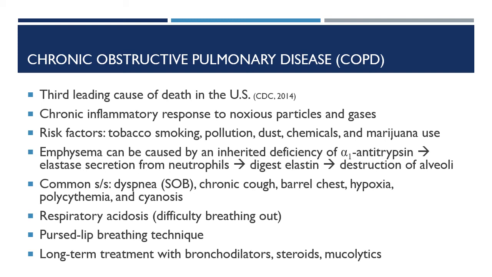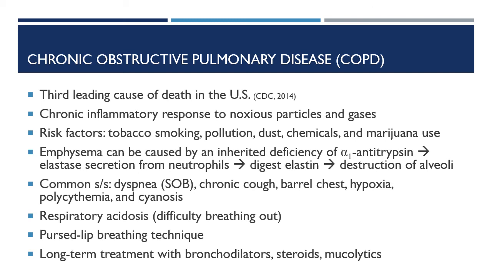Now, there is a condition which is inherited, which is called alpha-1 antitrypsin deficiency. And this is a condition where you're deficient in this enzyme, and it results in damage to the elastic tissue of the lungs and destruction of the alveoli.